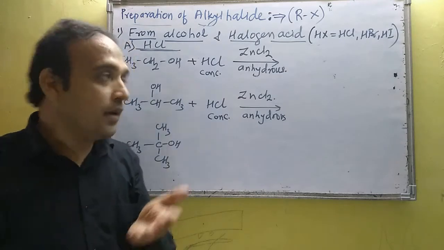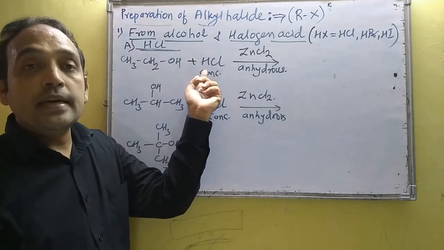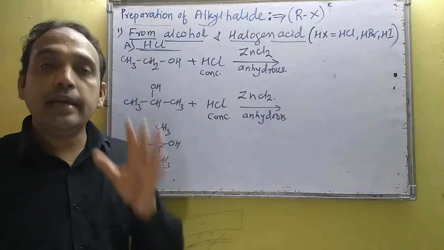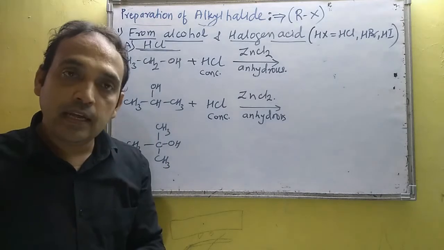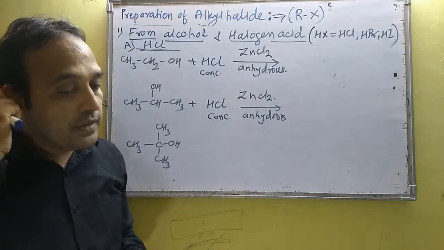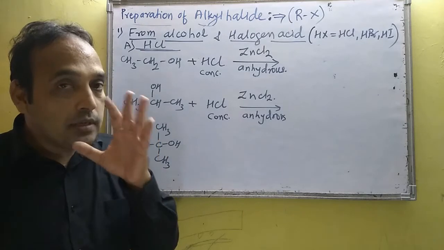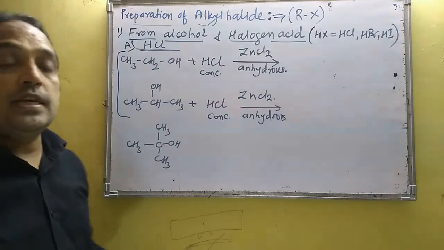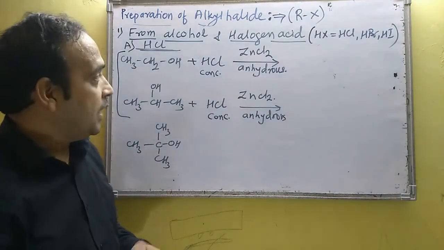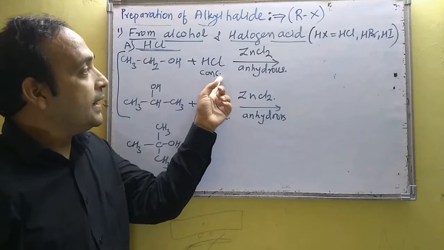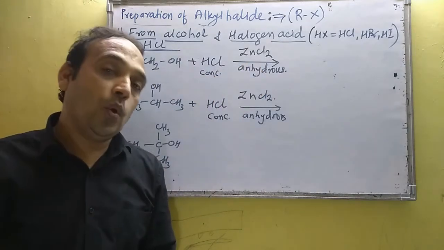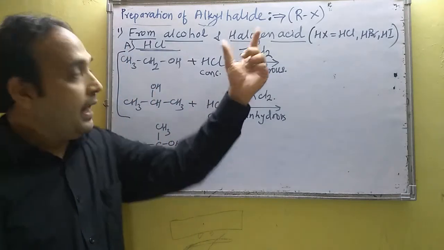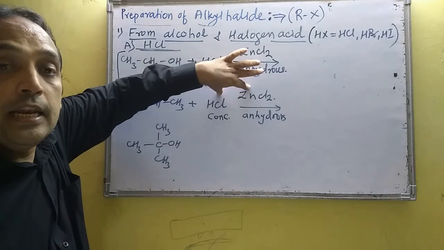This reagent, concentrated HCl and zinc chloride, is called Lucas reagent, and this process is known as Groove's process.